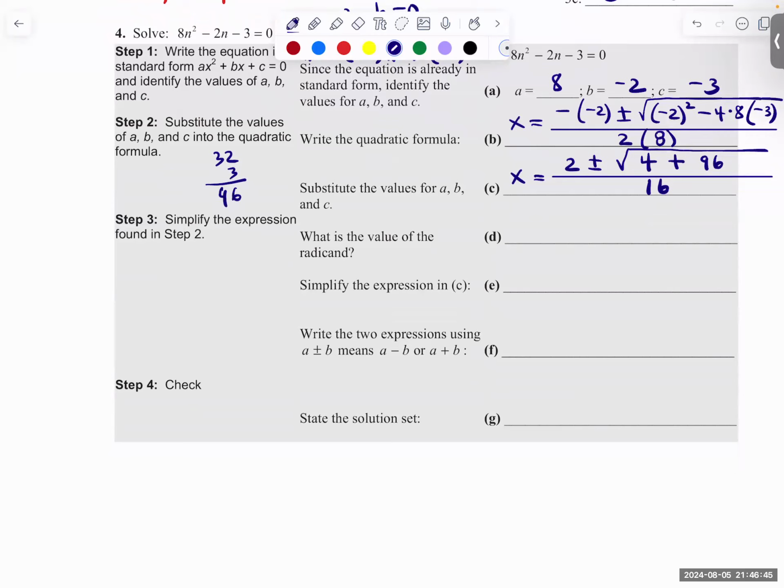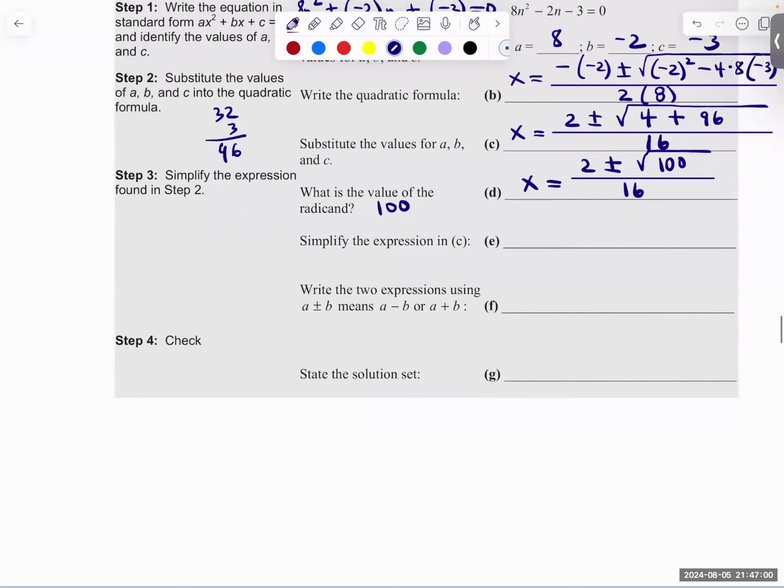It is 100. So we have x equals 2 plus or minus the principal square root of 100. 100 is a perfect square, divided by 16. Simplify. So x equals 2 plus or minus 10 divided by 16.